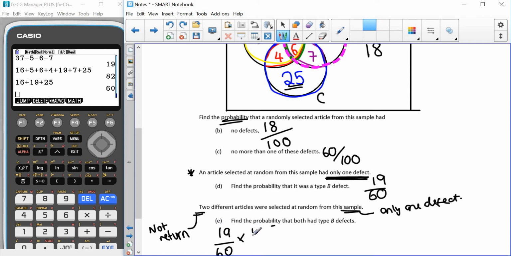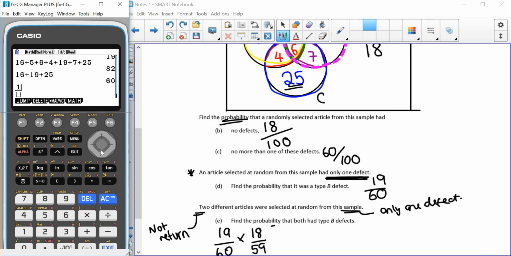So the probability that the next item has a type B defect, well, if one of those items has gone, one of our 19 items with a type B defect has been removed, we only have 18 of them left. Out of, we had 60 items that had one defect. However, one of those has gone, so we only have 59 of them left.